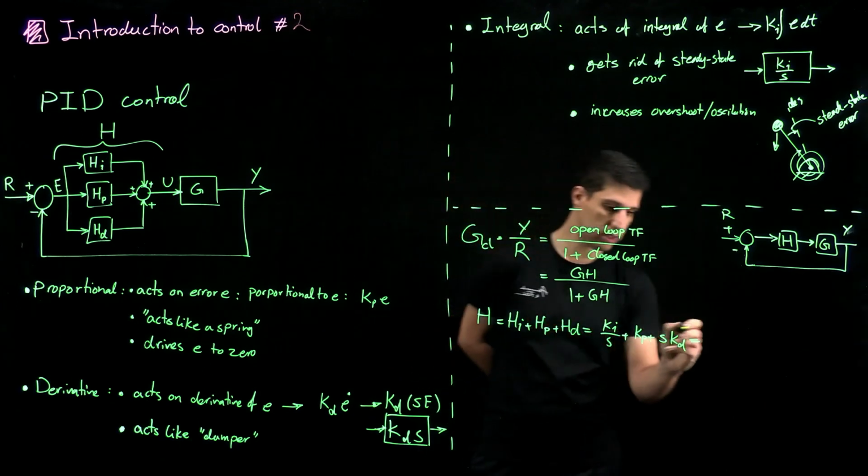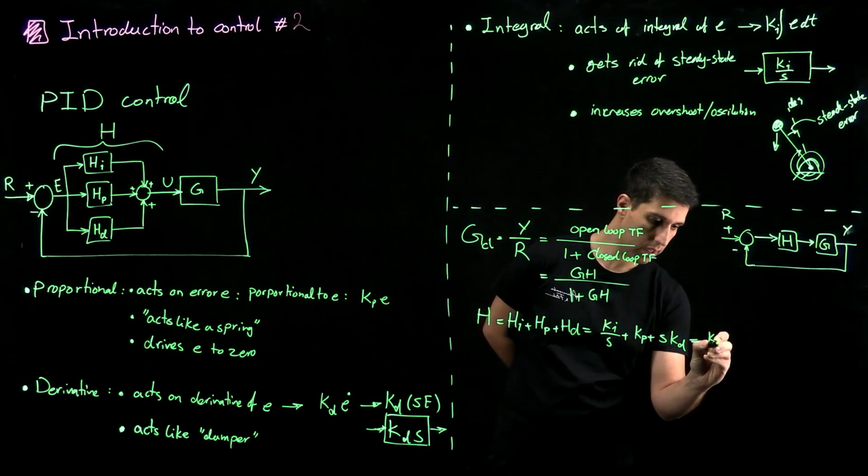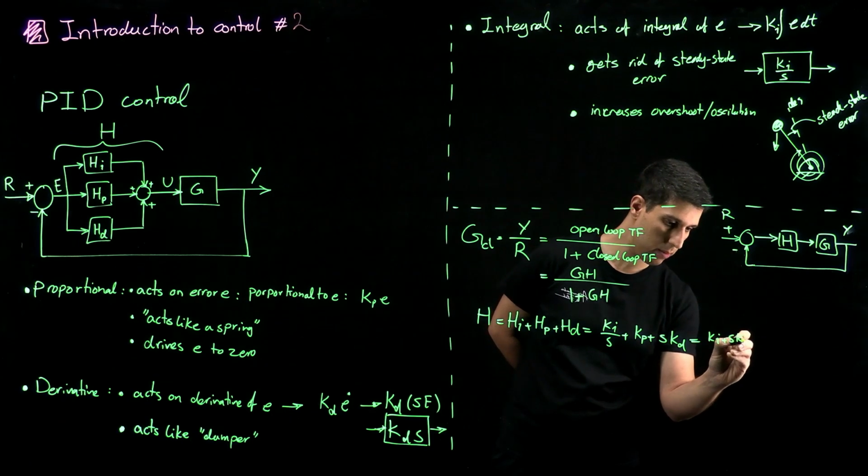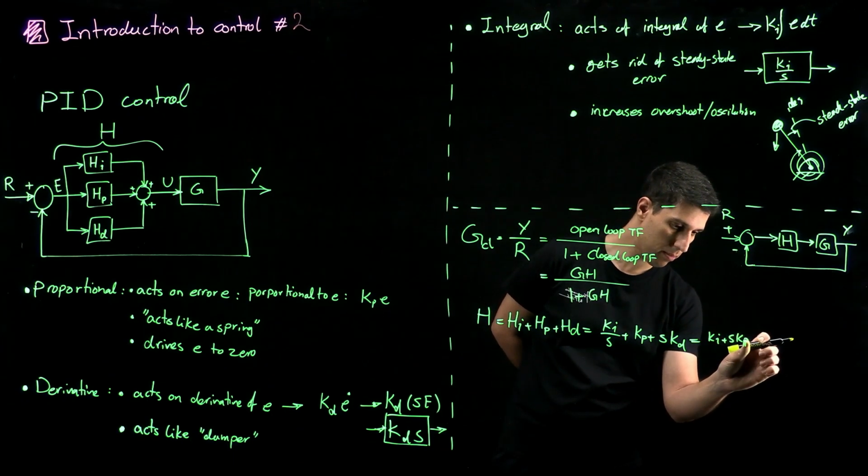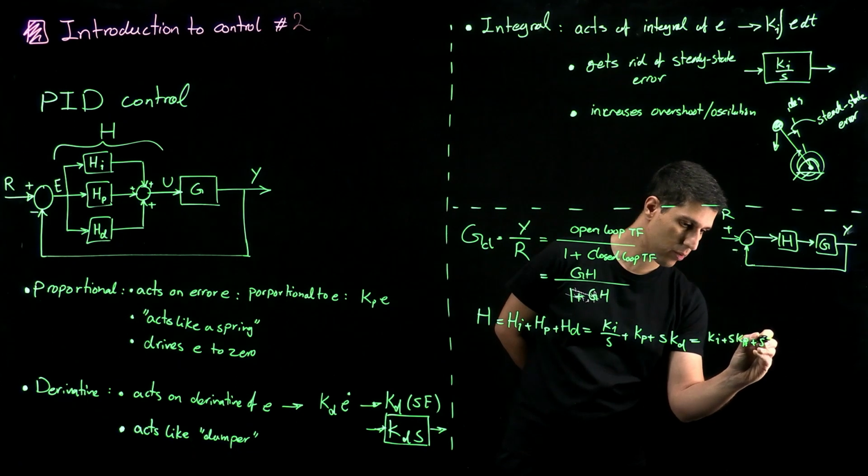And this one is Ki plus S Kp plus S squared Kd over S.